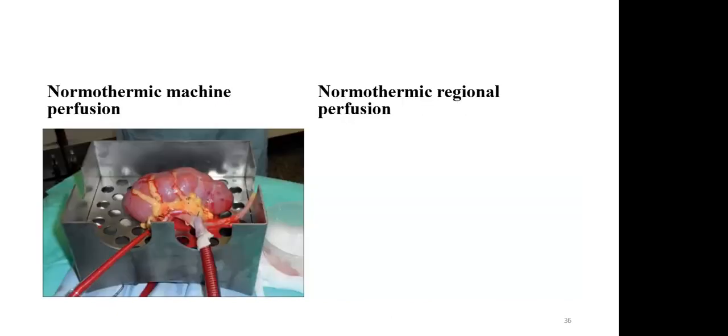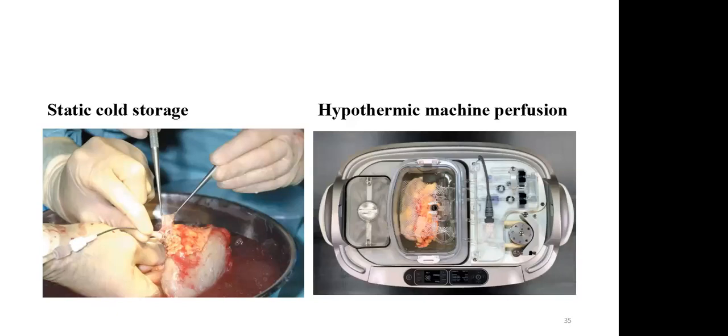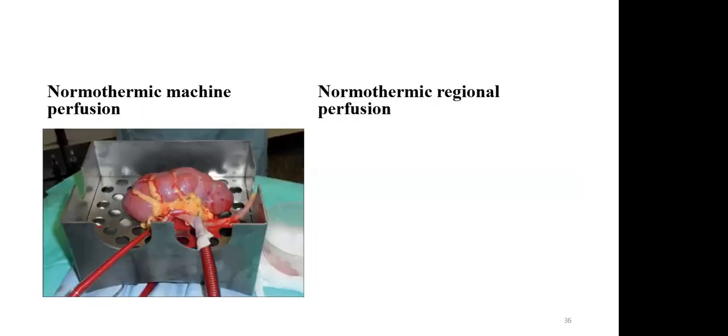The normothermic machine perfusion is similar to the previous one, the hypothermic machine perfusion. But in this instance, the solution that is used is at body temperature and it contains red cells. And some machines include oxygenation. So there will be continuous recirculation of this preservative solution.